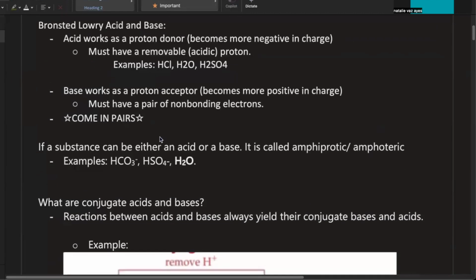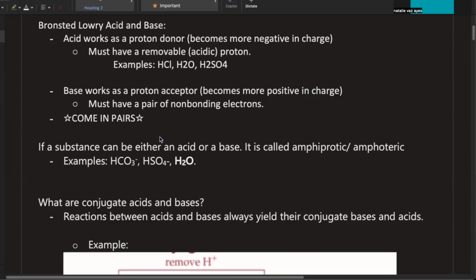Next, we have the Bronsted-Lowry base. It is kind of the opposite of the Bronsted-Lowry acid. It works as a proton acceptor, so it becomes more positive in charge. So think about if you have the base NaOH, right?